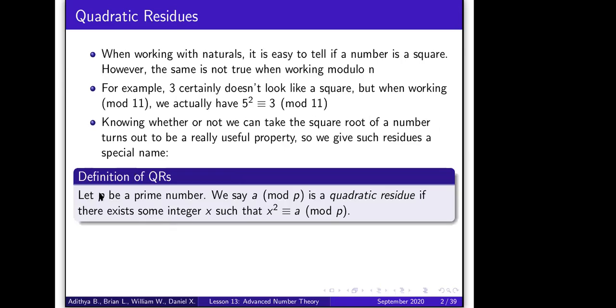To formalize our definition, a quadratic residue mod p is a number a such that there exists some integer x such that x squared is equivalent to a mod p. Are there any questions with this definition, or can we move on?